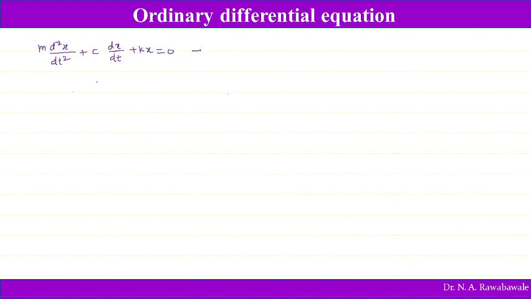This is equation number 2. In this equation c is a damping coefficient and k is the spring constant.